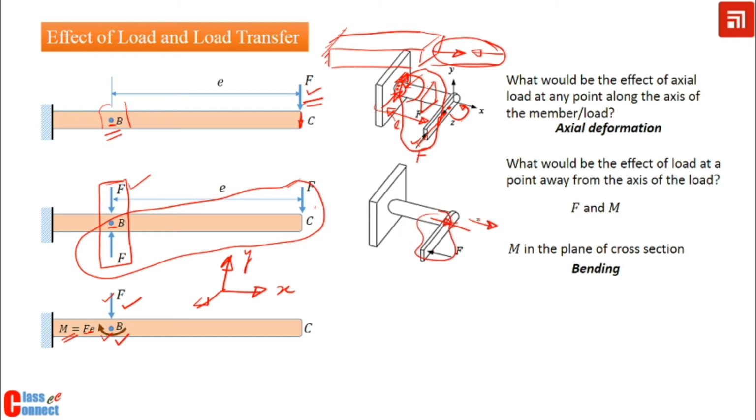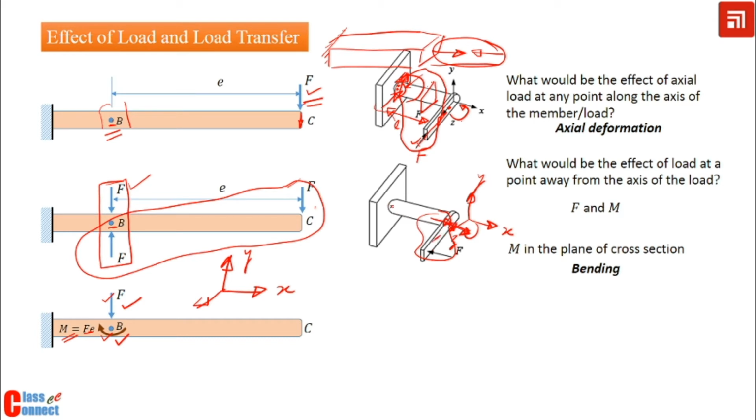Again, if this is x, this is y, this is z, so this couple will be in xz plane, but the direction of couple this time is like this, and the bending will also take place in xz plane. The other thing is whatever is left is this force, which is the transverse shear force for this particular member.